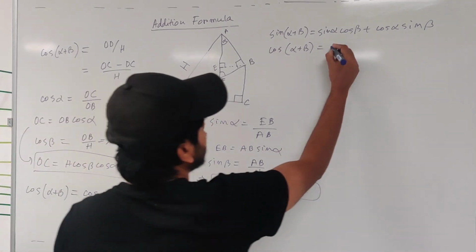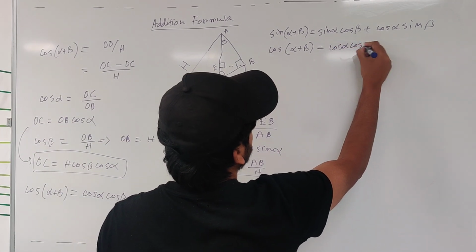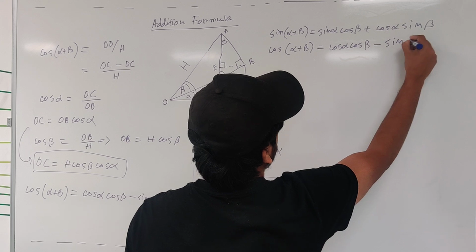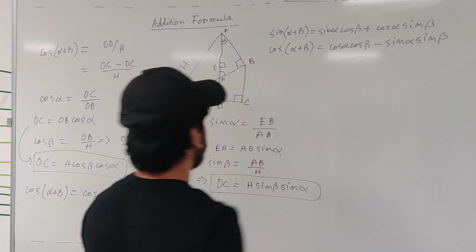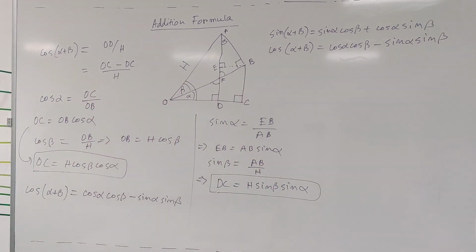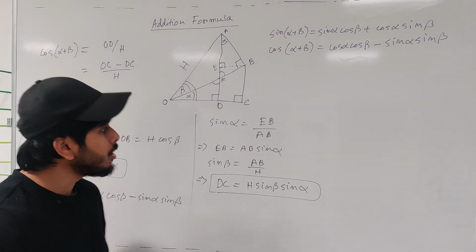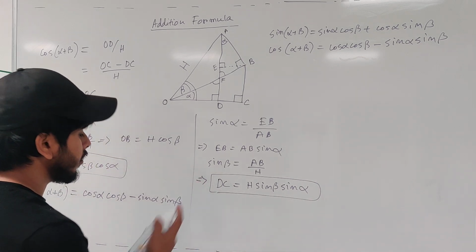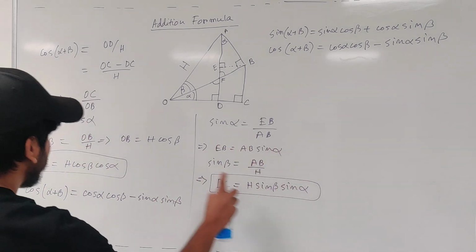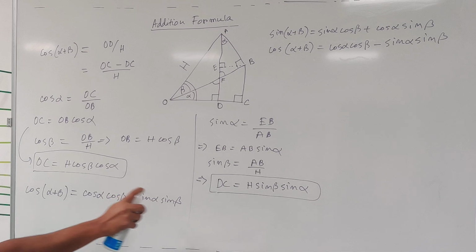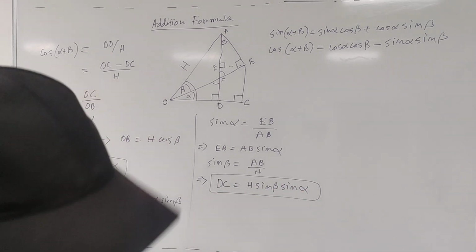Let me write it down here: cos alpha cos beta minus sine alpha sine beta. Now, just as I always say, it's not just about doing something, but also about figuring out in how many ways you can do the same thing. So we'll try a different way. Then at the end you can comment which one you prefer.